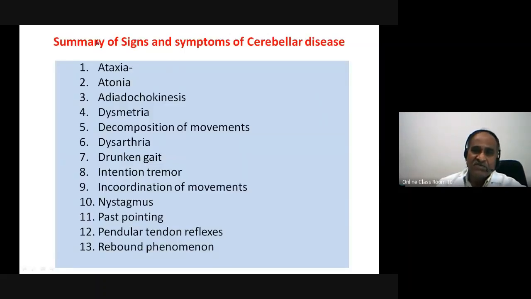The summary of signs and symptoms of the cerebellar diseases: the ataxia, atonia, dysdiadochokinesia, dysmetria, decomposition of movements, dysarthria, drunken gait, intention tremor, incoordination of movements, nystagmus, past pointing, pendular tendon reflexes, rebound phenomena.